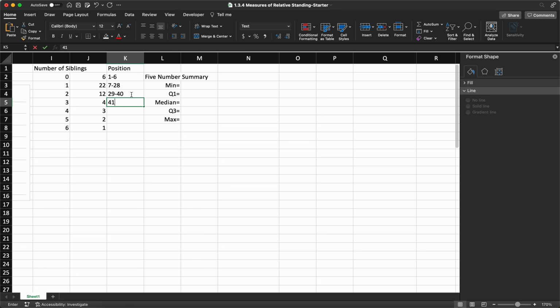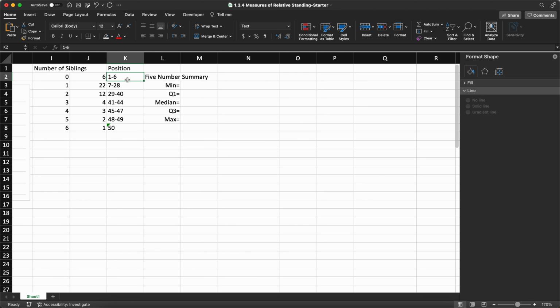And then 41 through 44, those are going to be my 3s. And then 45, 46, 47 is going to be my 4s. And then 48 and 49 are going to be my 5s. And then I have 1, 6. That's the 50th point in my data set.